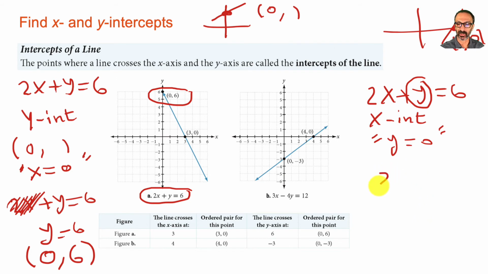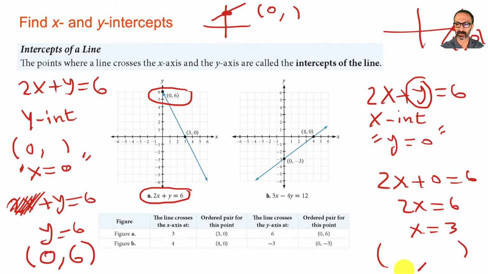So now you have 2x plus 0 equals 6. You have 2x equals 6. Divide by 2, divide by 2. So x equals 3. Finally, the point is 0 for y and 3 for x.